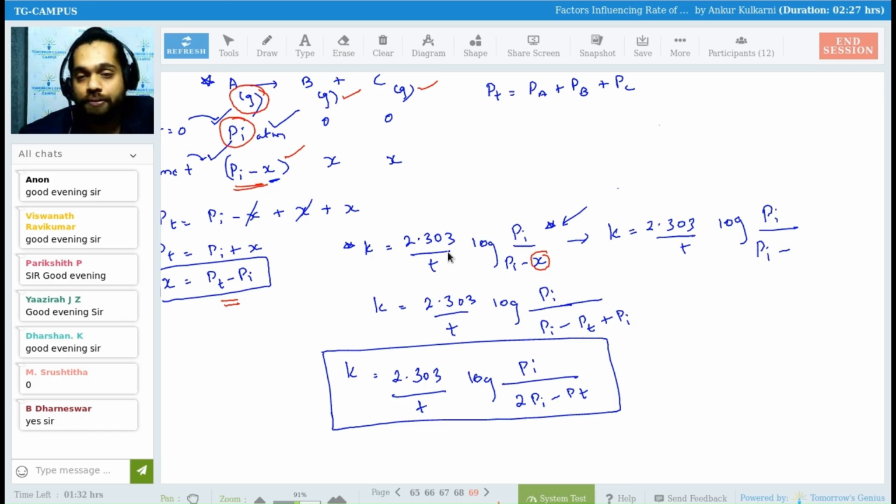What is the value of x? It is Pt minus Pi. So if I open that bracket, negative will come inside. Pt will become minus Pt. Minus Pi will become plus Pi. So you have plus Pi over here, plus Pi, 2Pi minus Pt, and the remaining thing as it is.